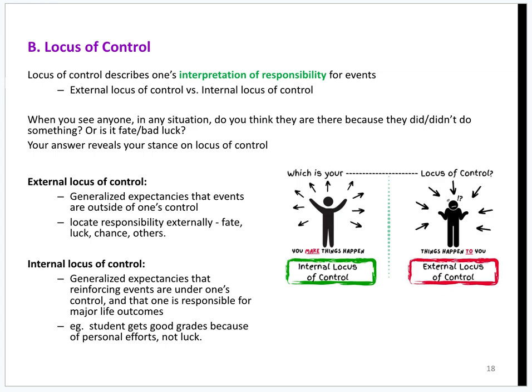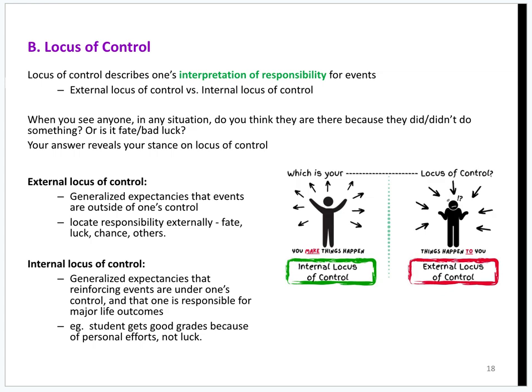So locus of control describes one's interpretation of responsibility for events. So when you're trying to make sense of the world, like you are here, do you attribute events and things that happen to being outside of your control, or you had control over it, right? When you see anyone in any situation, imagine that you're just seeing anybody or yourself in any situation, whether it's good or whether it's bad.